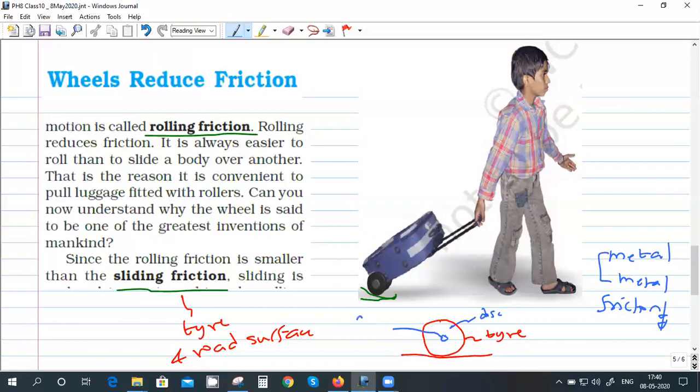This is the axle, and this is the disc. And the translational motion, the sliding friction, is because of the contact between the tire and the road surface, where the friction is more.